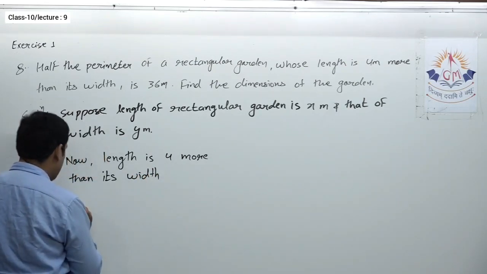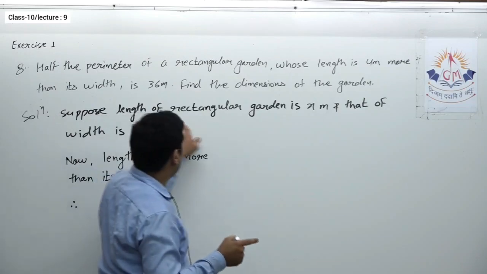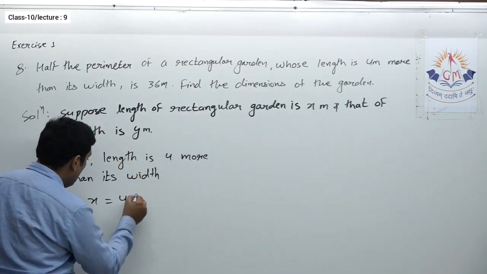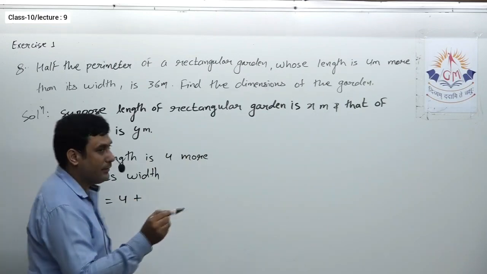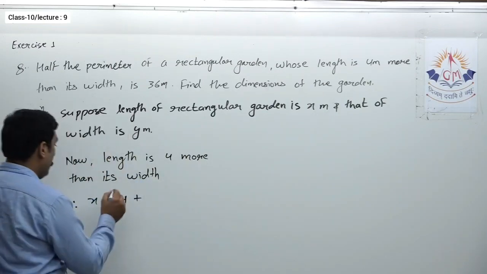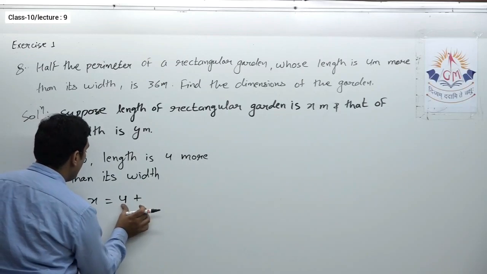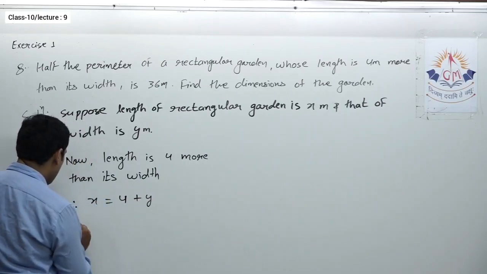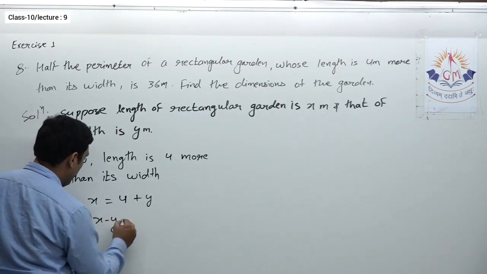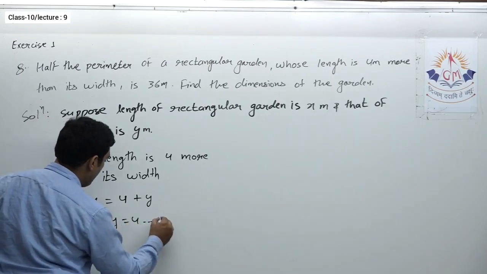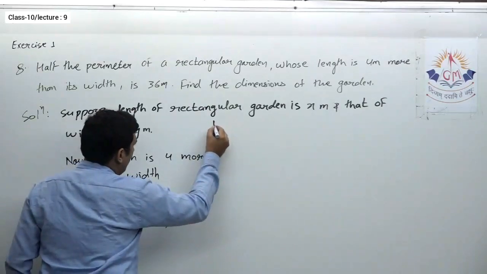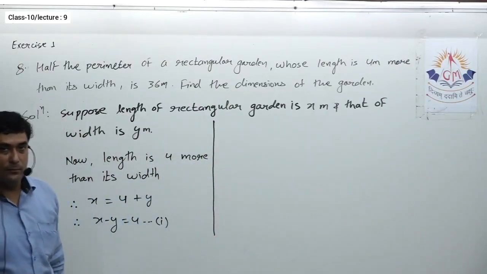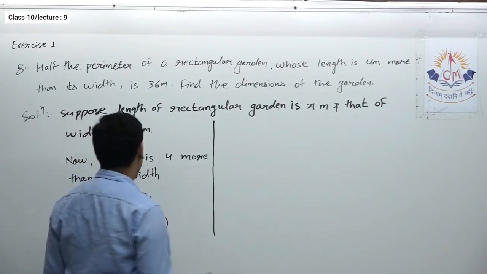Therefore I can say length, that is x, is 4 more, that means we have to add something, isn't it? When I say this much is that much more, that means we have to add something. So this gives you the first equation, x minus y is equal to 4. Now in a similar way you have to obtain one more equation, and then by solving them we'll get the values of x and y.